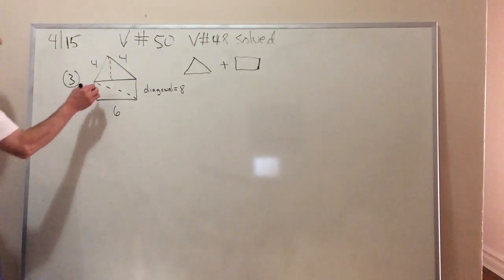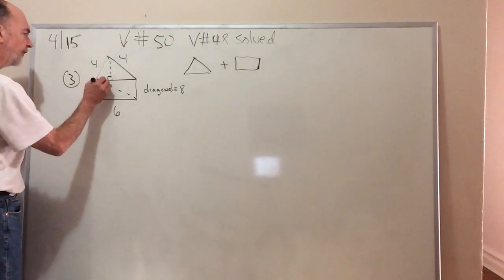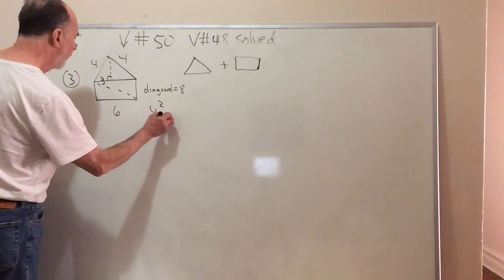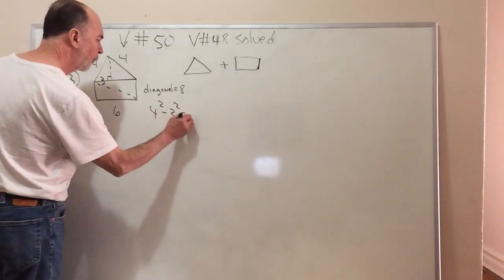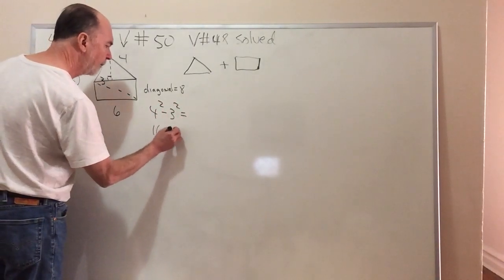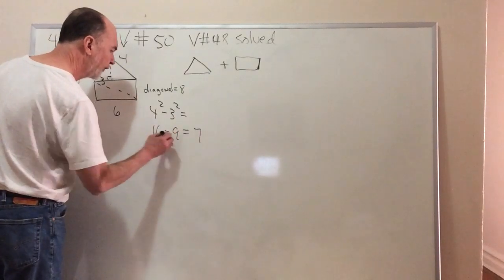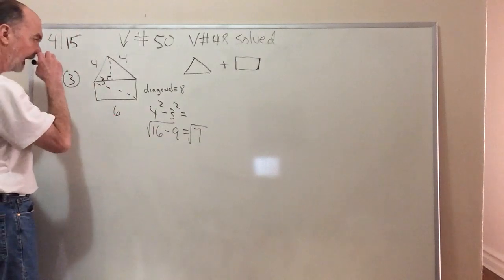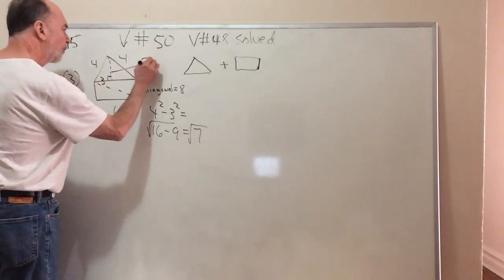isosceles triangle over here. Working again, half of 6 is 3. There's your hypotenuse. So I have 4 squared minus 3 squared, which is 16 minus 9, which equals 7. And I take the square root of both sides, and I find out that I have a height of radical 7.